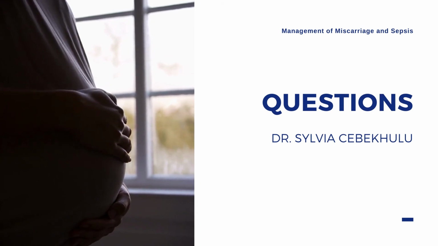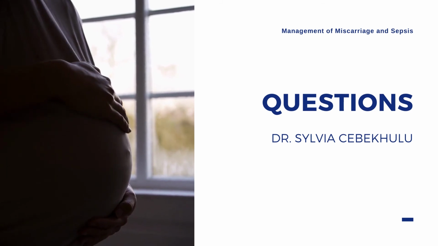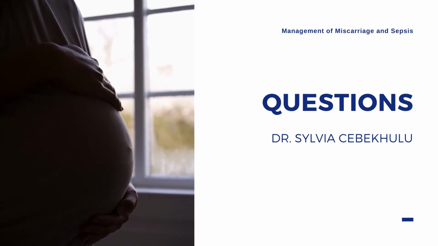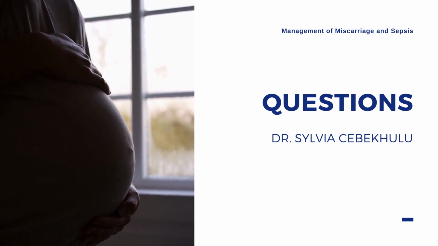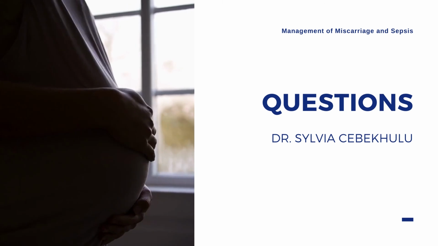Doc, let me ask: for a patient who is having some form of sepsis and DIC, and you realize that the sepsis is coming from the uterus, which needs to be taken out, what is your approach?